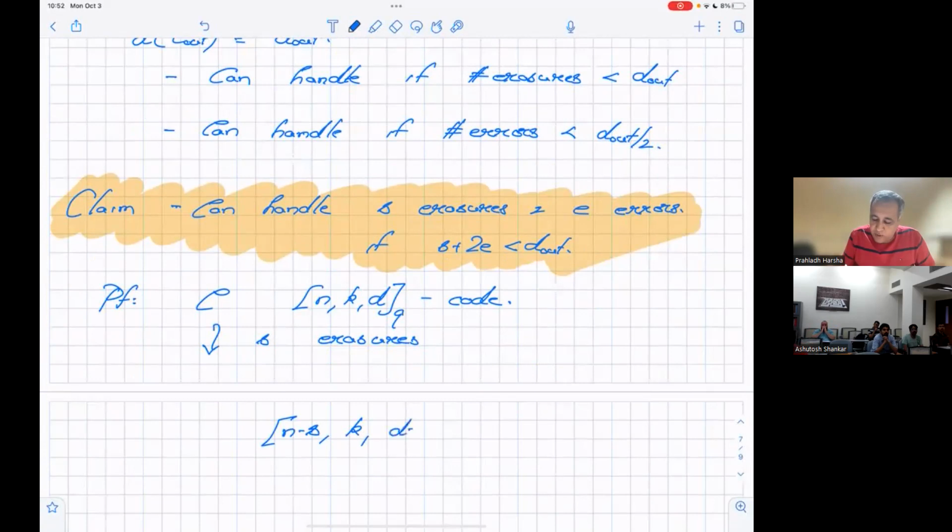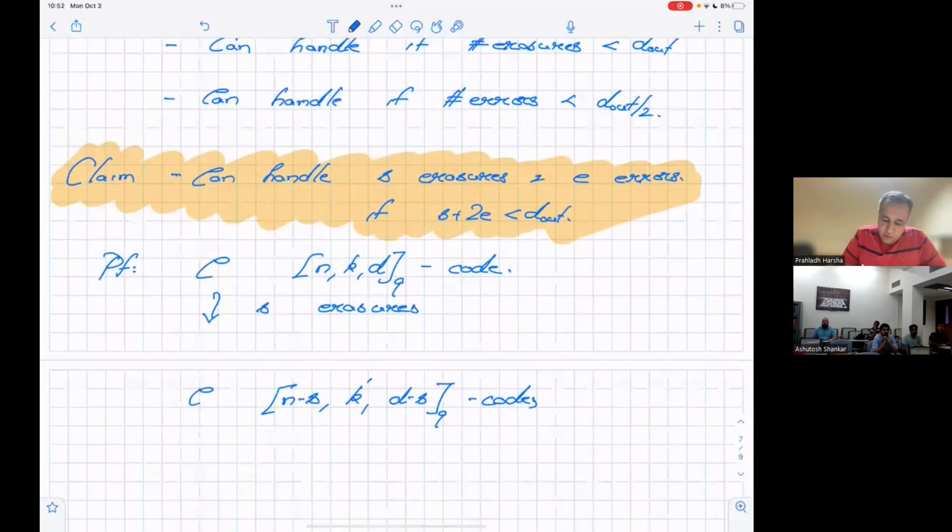And possibly I lost distance, d minus s. This is what I should be having. But I know now, this is the new code I have. On the non-erased locations, I have a code of block length n minus s with distance d minus s. If it has distance d minus s, this code I can recover from d minus s by 2 errors.